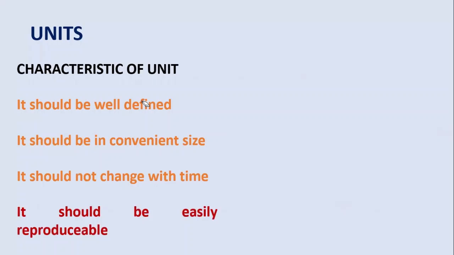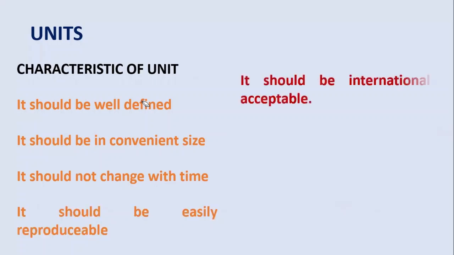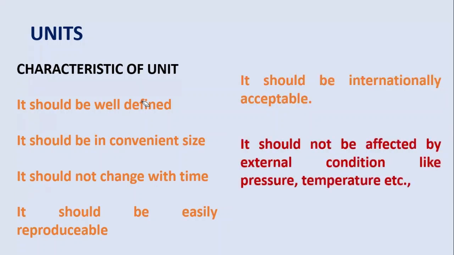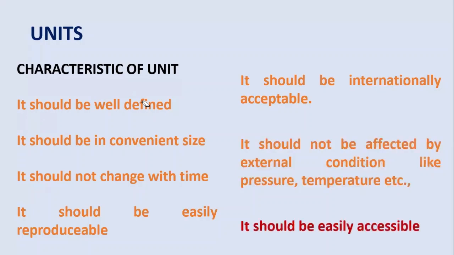So in any country, any man can easily reproduce this standard reference to measure his length and other things. The fourth one, it should be internationally accepted. Then only there will not be any kind of confusion among the countries in exchanging scientific papers. The next, it should not be affected by external conditions like pressure, temperature, and all. Then the last one, it should be easily accessible.